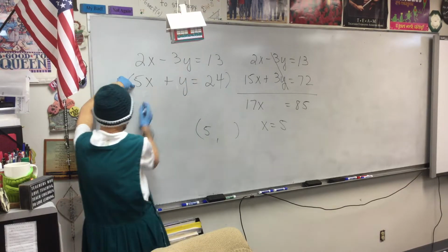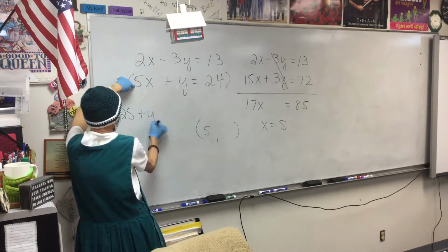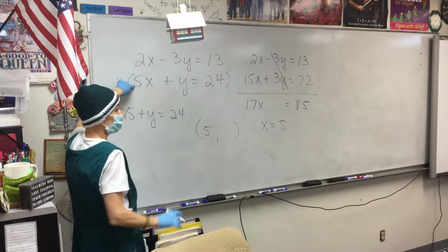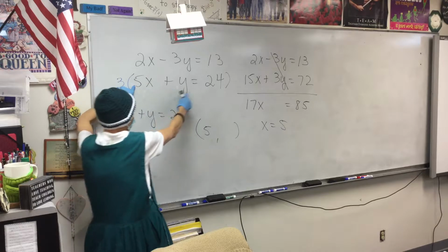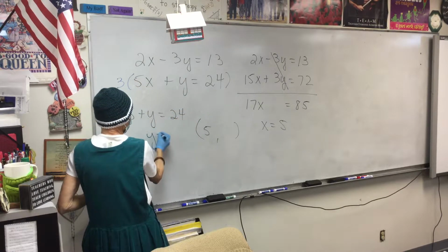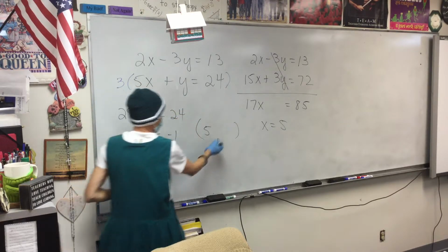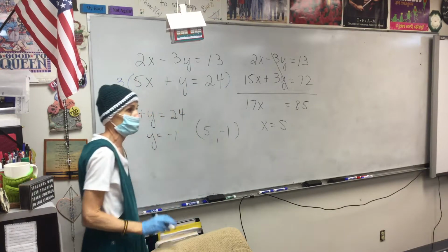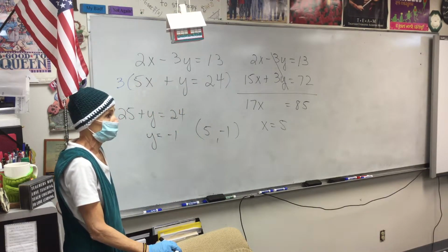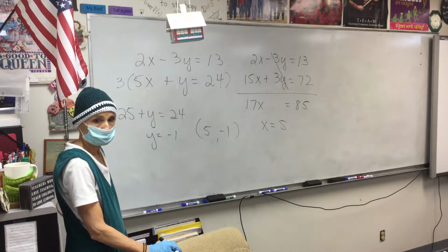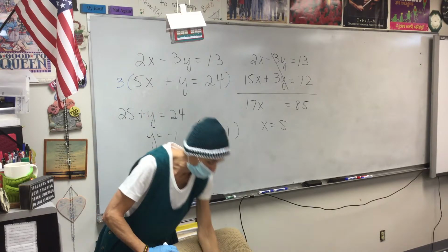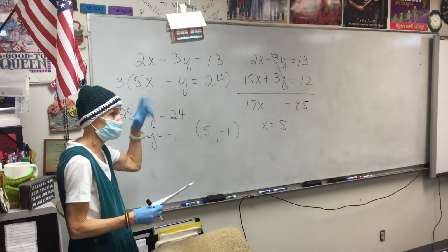If I put 5 in right there, I'm going to have 25 plus y equals 24. So it looks like y equals negative 1. Everybody remembering this? Coming back to you?